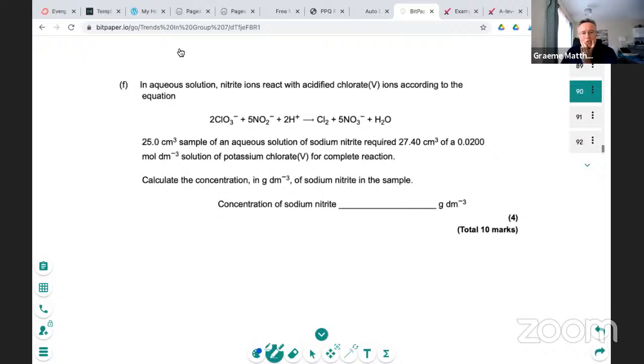Okay, so the aqueous solution, nitrite ions react with acidified dichromate according to the equation. 25 cubic centimeters of sodium nitrite required this amount of potassium chlorate. All right, so how I do it is this.